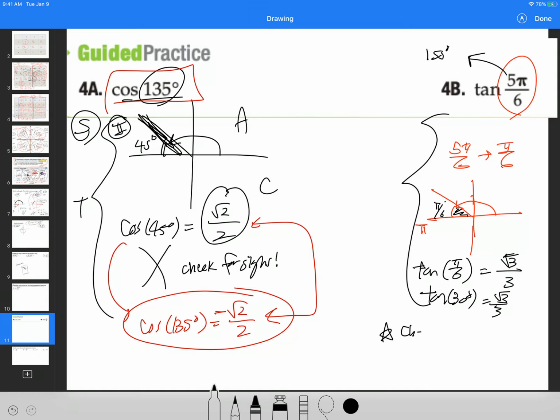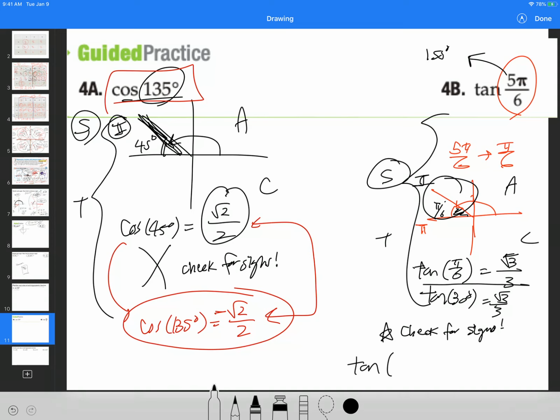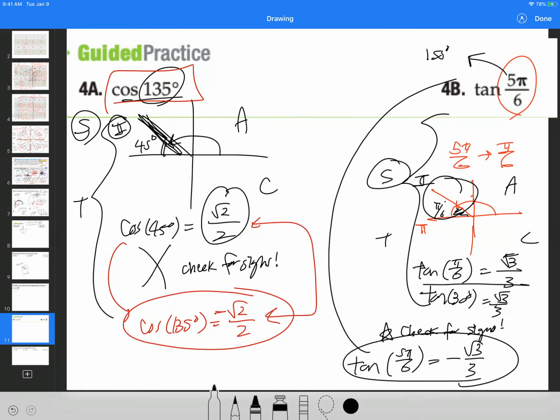Your last step, check for signs always. You're in the second quadrant for your terminal side, ASTC. Sine is the only one positive here, so tangent must be negative. So therefore, your final answer, please rewrite your original equation: tangent of 5 pi over 6 is equal to negative root 3 over 3. Just put a negative sign in front of it.